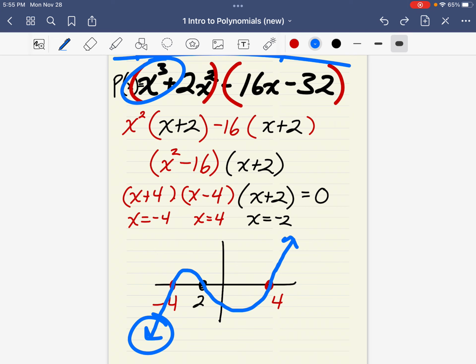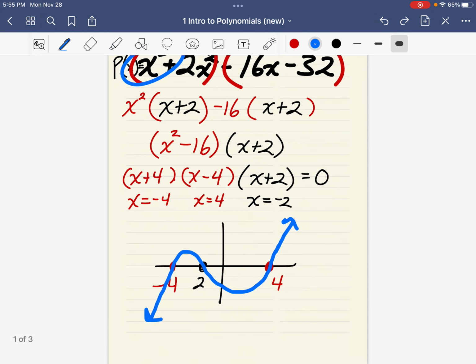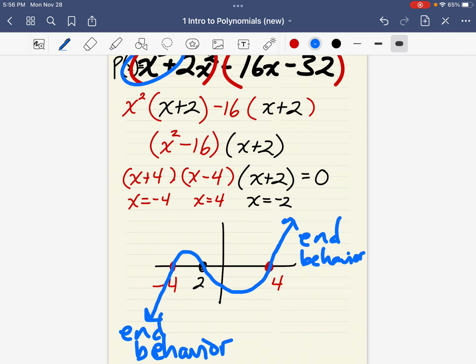Now, if I did too many things there as a little intro, well, good. I wanted to do a lot of things. I wanted to show you guys that we're going to be able to understand all kinds of things about a polynomial just by knowing what's true about the original function. And we'll be able to discuss this end behavior, that is what the graph is doing at the ends.